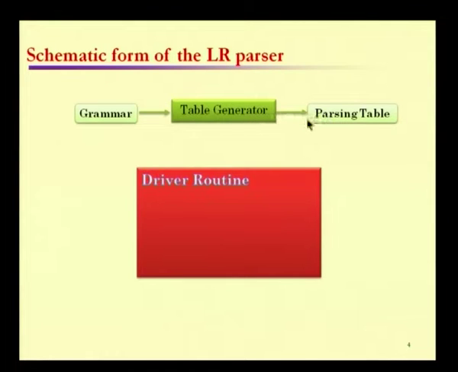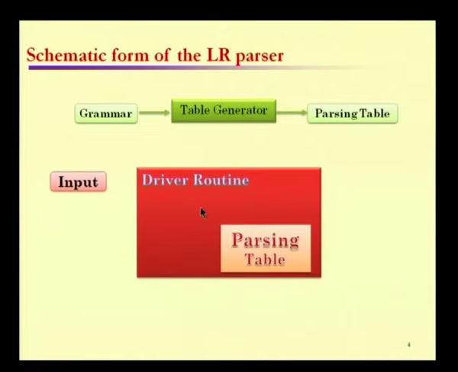Once the parsing table has been constructed, it becomes part of the LR parser, and now we have the parsing process, where an input is given for parsing, and it will produce some output, and in the meantime a stack is used for parsing.